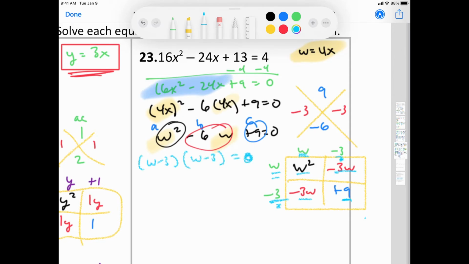Well, that's a 0. And then here I'm going to do my substitution back in. Every w we see, we're going to write 4x, and then just set it equal to 0.